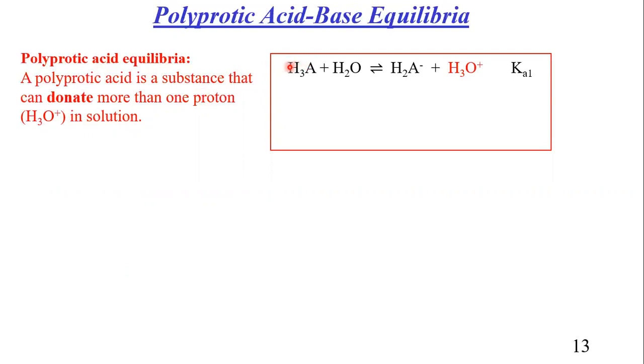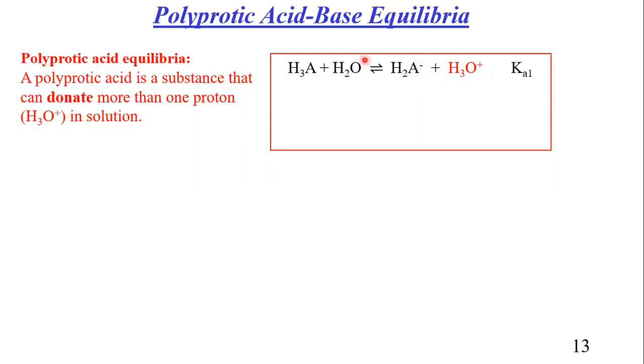Now we're going to look at acids such as H3A, for example, which has 3 acidic protons in itself, such that it can donate the first proton to water, the water becoming H3O plus, and H3A becomes H2A minus because it lost a proton.